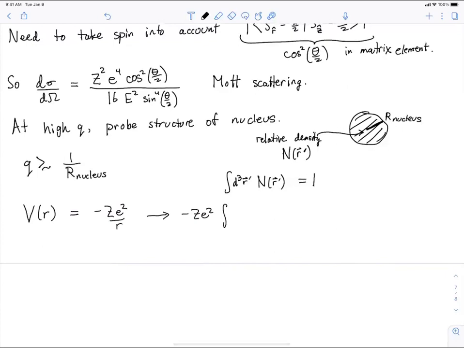We go back to what we learned in electrostatics, that the potential is this density function divided by 1 over r minus r prime. Okay, so this is just from electrostatics.